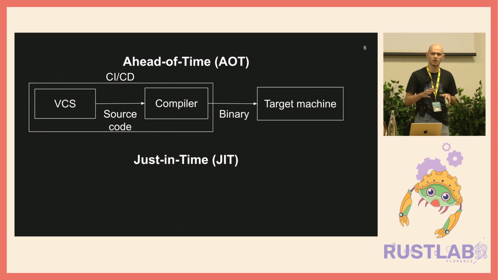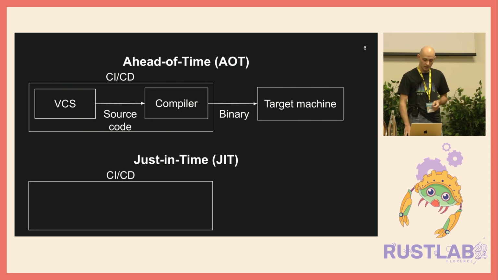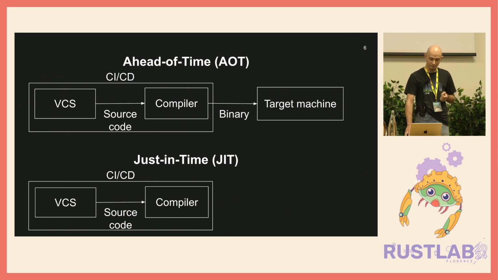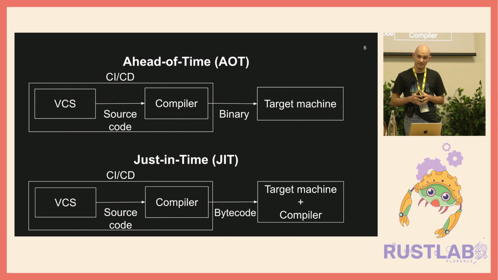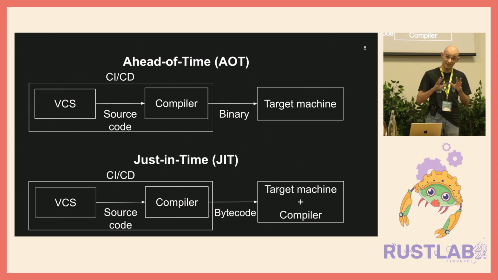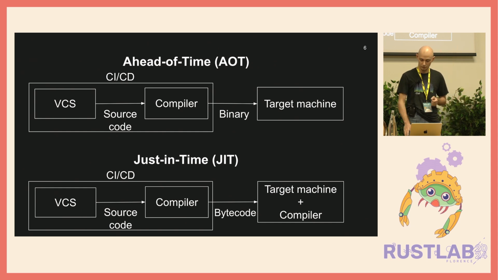We are not going to talk about interpretation stuff because it's too inefficient in practice. The just-in-time way is pretty similar, VCS, compiler, source code, but as a result, we have some kind of bytecode, and this bytecode is executed on a target machine, in some virtual machine or whatever you want to call it.